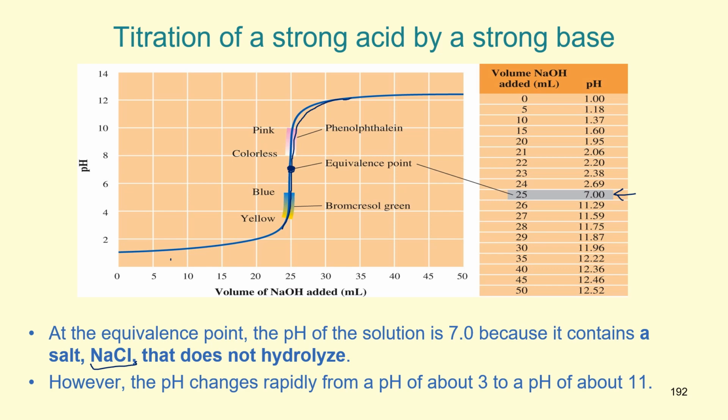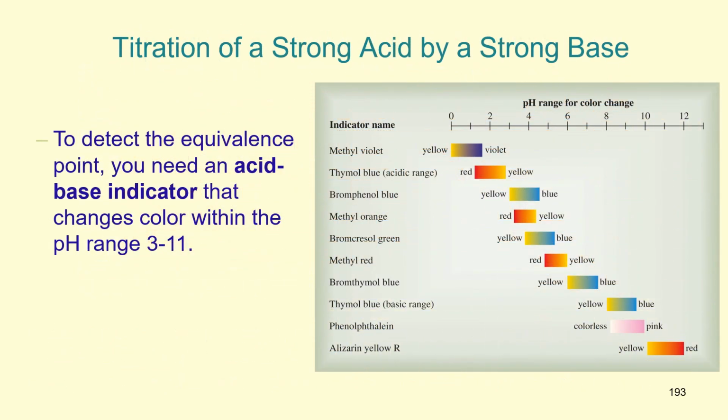It looks very symmetrical. To detect the equivalence point, we use an acid-base indicator. In this case, we can use one that changes between 3 and 11. Any of these will work: bromocresol green, methyl red, bromothymol blue, phenolphthalein, thymol blue.